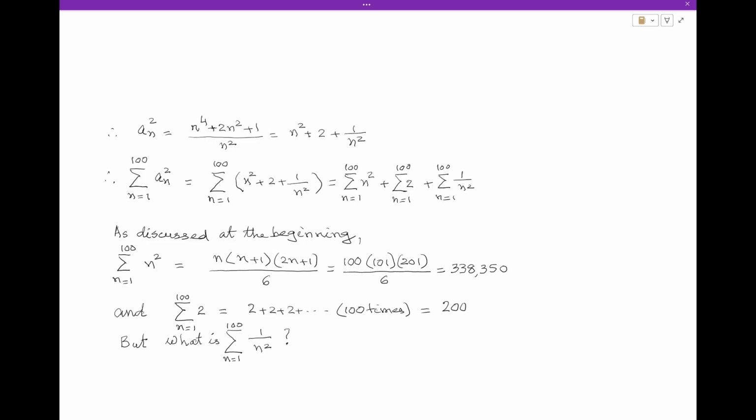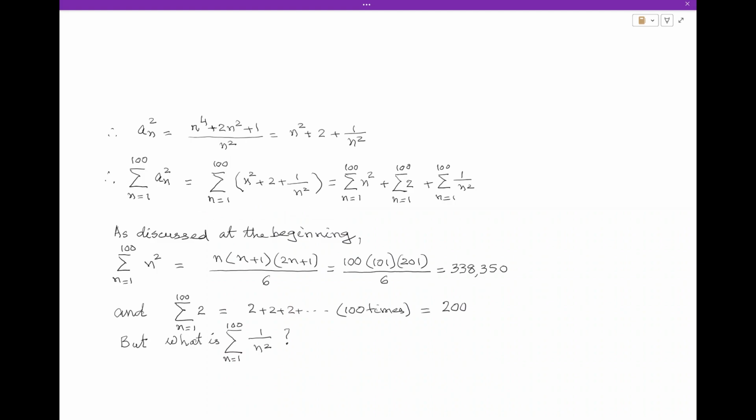If you take summation of an square while n is varying from 1 to 100, then on the right hand side also we'll have to take the summation of n square plus 2 plus 1 by n squared, while the summation goes from 1 to 100.